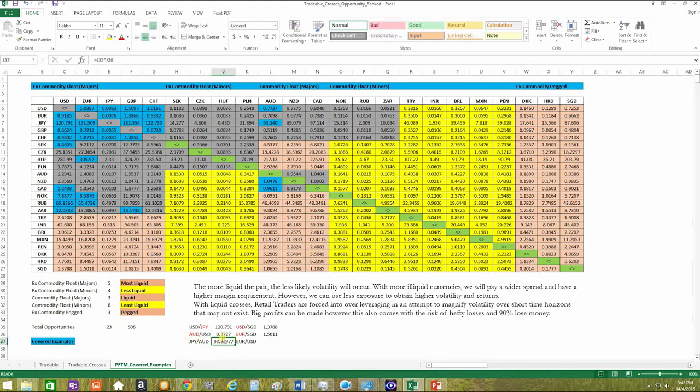is to take the result that we got earlier for Aussie dollar buying Japanese yen, and work out the reciprocal, so the reverse of this equation.